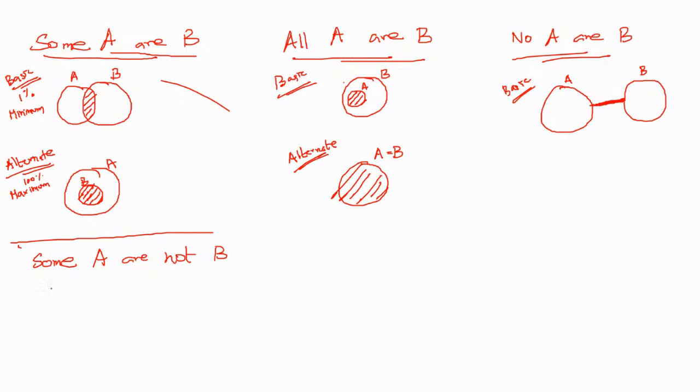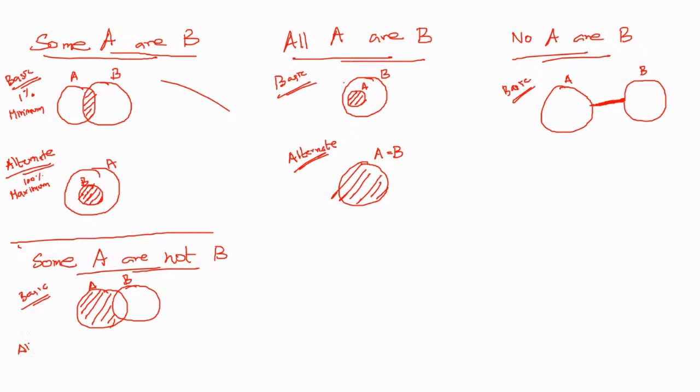So how can I represent this? "Some A are B" and "some A are not B": both of them are represented by the same basic diagram. In this case, the interlinking area is "some A are B". But in the case of "some A are not B", the area in A other than that interlinking area is "some A are not B".